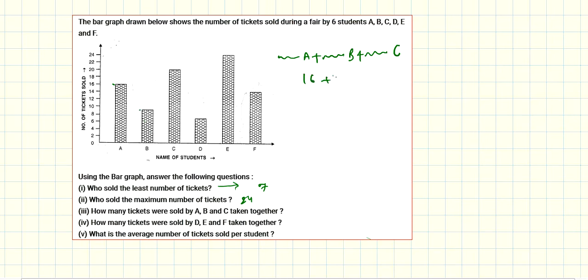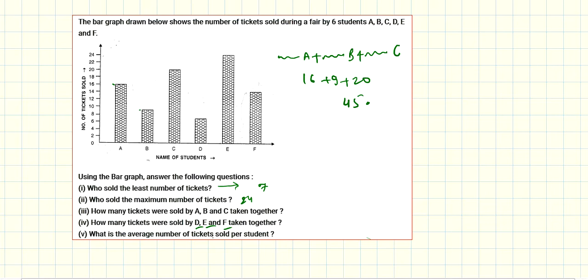So 16 plus 9 plus 20. So the answer is 45 tickets. Then how many tickets were sold by D, E, F taken together? The same you have to solve from this graph. Okay, so D, E, F 24, then 7 and 14, so 45 again.